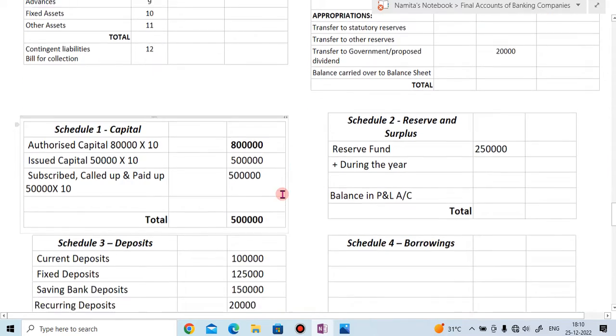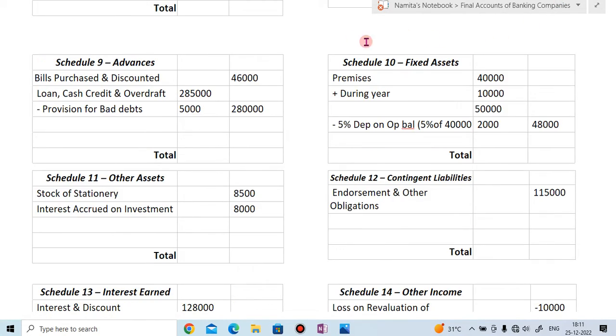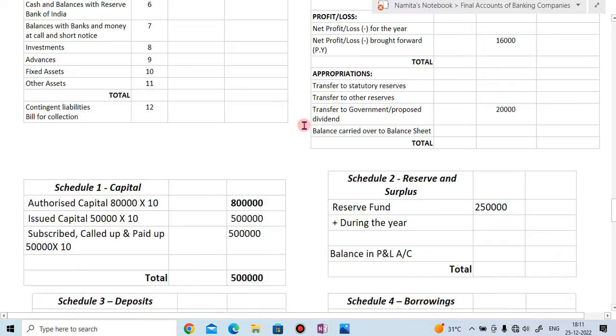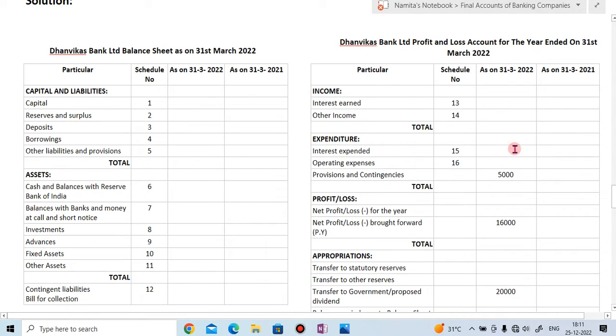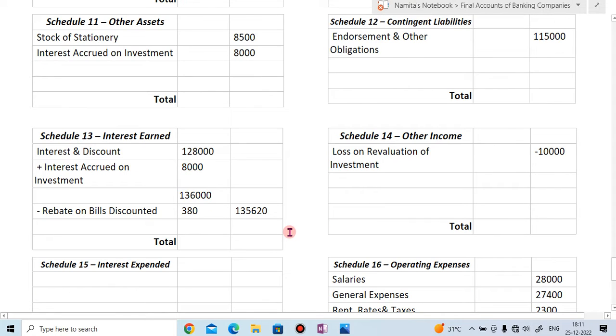Before that we have to close the schedules. Before closing the balance sheet, first of all you have to close the profit and loss account. So we have to get the values for the profit and loss account like schedules 13, 14, 15, 16. So first close schedule numbers 13, 14, 15 and 16.